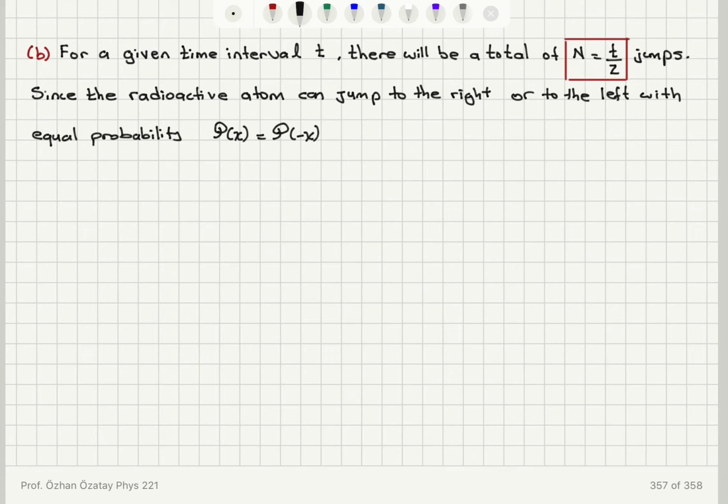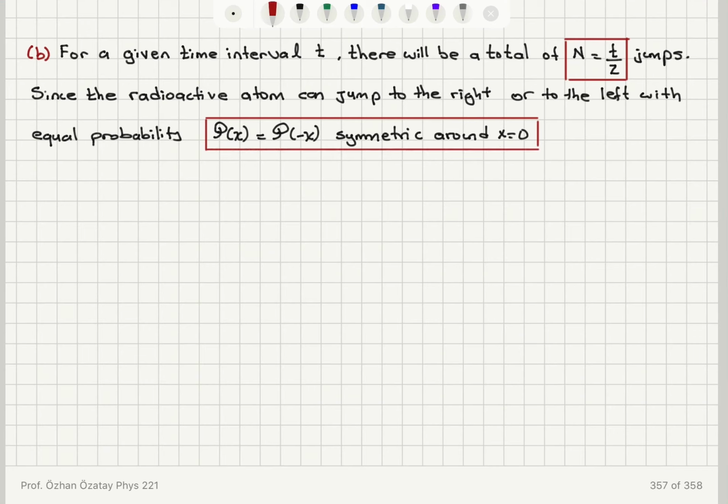That means the probability distribution is symmetric around x equals 0. So we should expect a symmetric distribution around x equals 0.